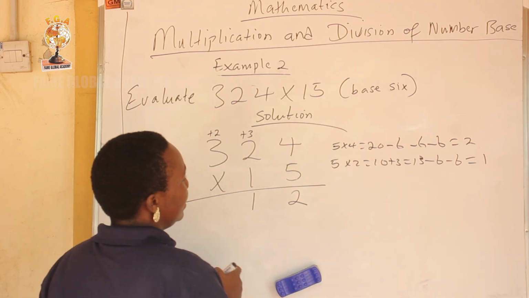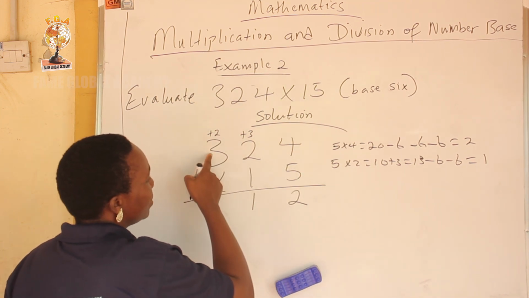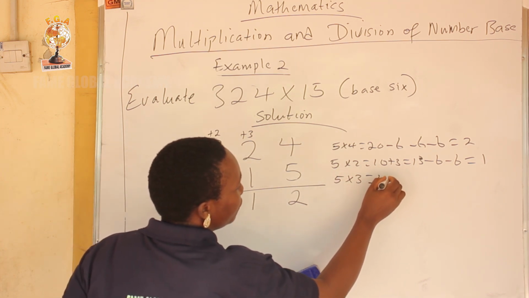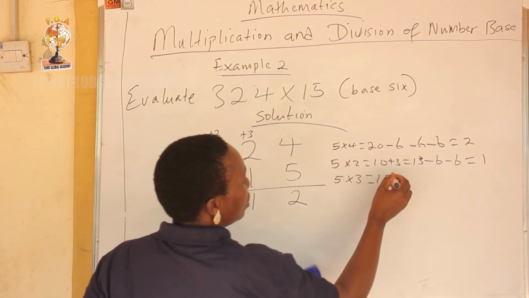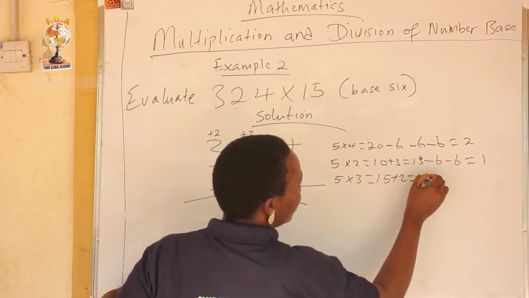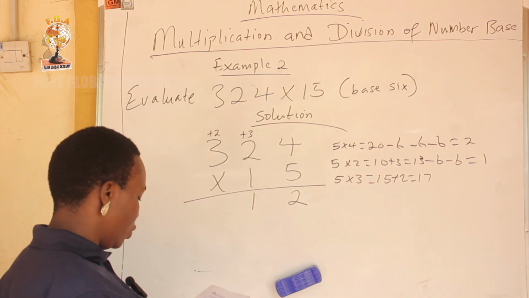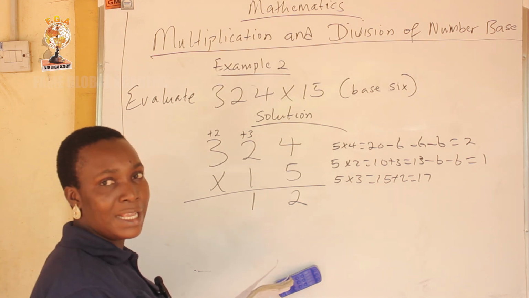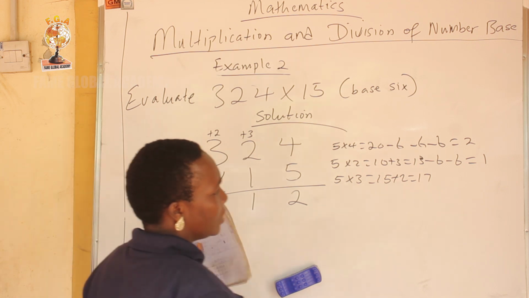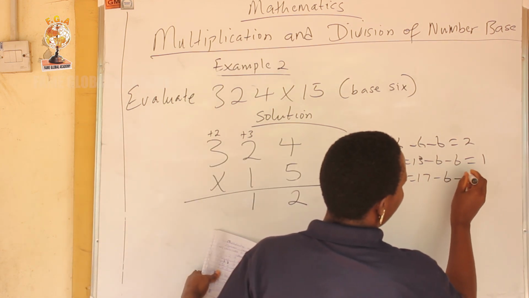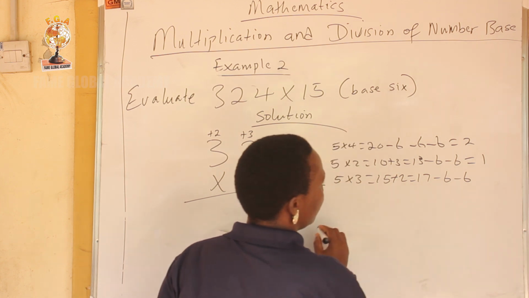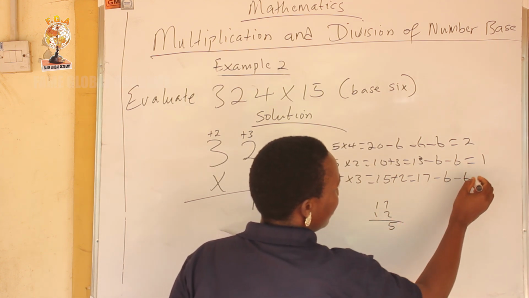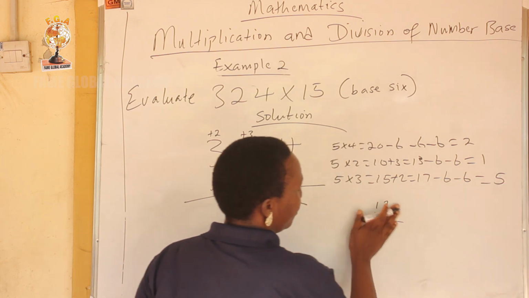Okay? Now, let's take the last one. 5 times 3 equals 15. Plus this 2, that's 17. Now, how many times are we going to subtract 6 before we get a number that is less than 6? I think 2 times as well. 6 plus 6 will give us 12. 17 minus 12 will give us 5.